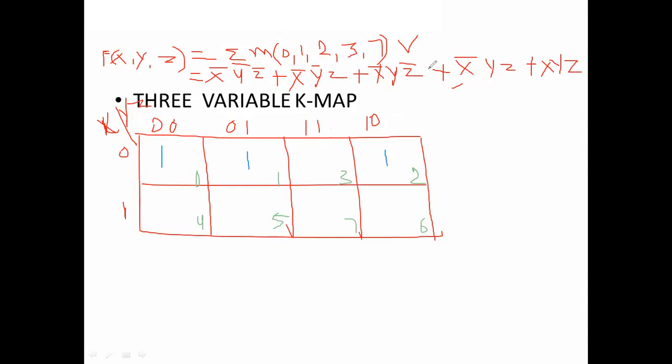Next x bar, y, z, that is 3, the corresponding cell is this, here also we put 1. Next x, y, z, that is 7, so here. First we are putting 1 in the corresponding cells.